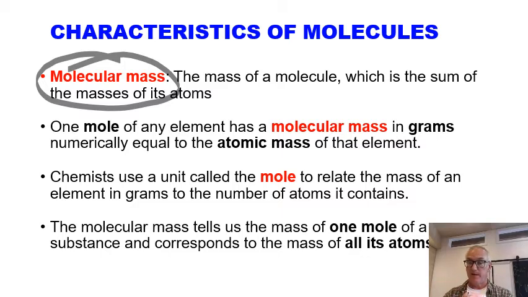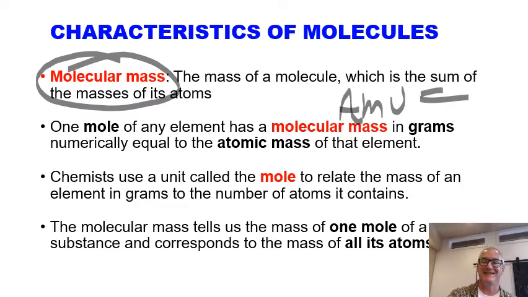Now, the molecular mass of atoms is given in AMUs, or atomic mass units, which are useless to us because we can't measure atomic mass units without a very expensive piece of equipment, one of which I used to have back at UCLA that cost about $1 million.